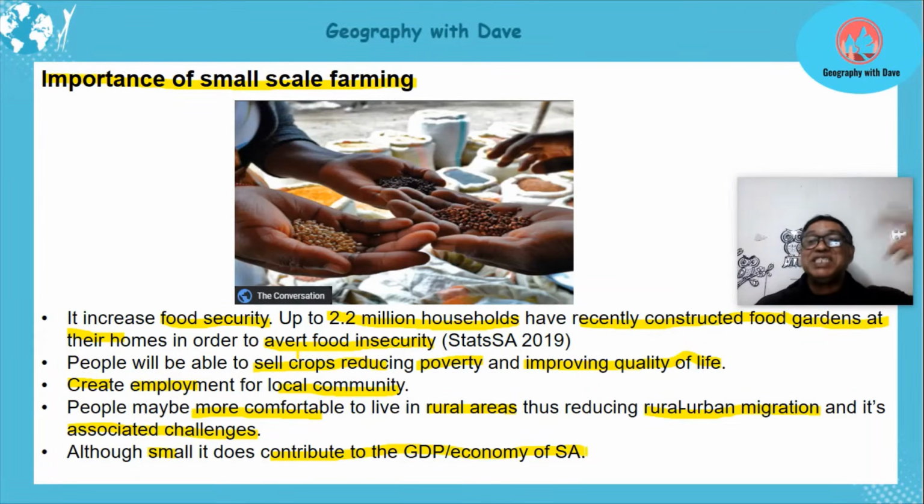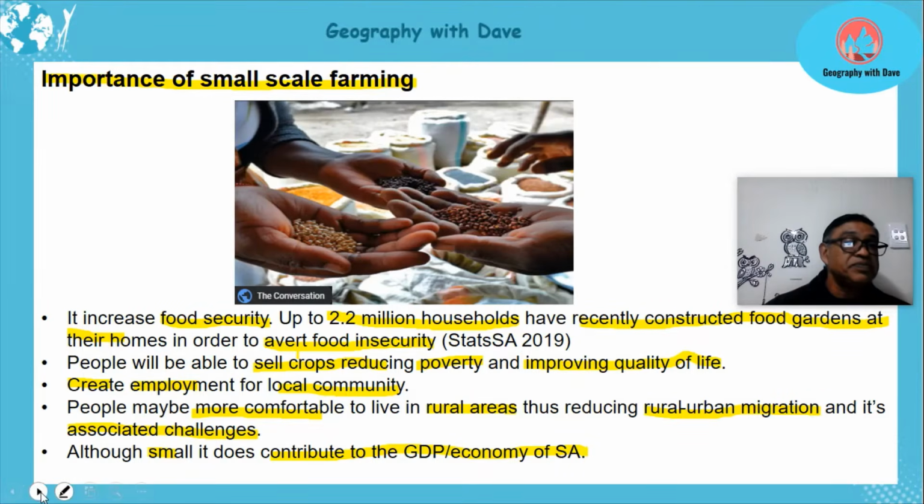The production is getting greater, more services are used, so more money is being spent around, improving the economy. So these small scale farms play a huge part in terms of the GDP, the economy, the quality of life of people, food security, etc.